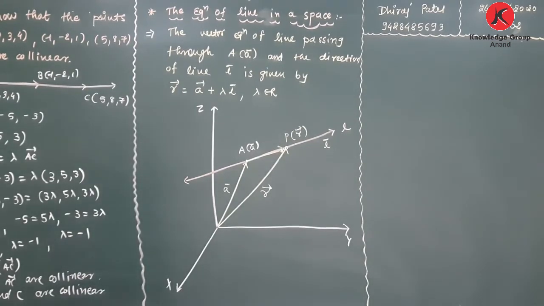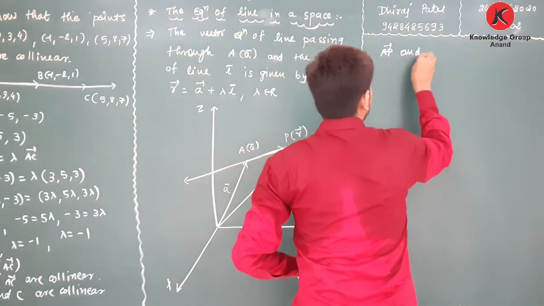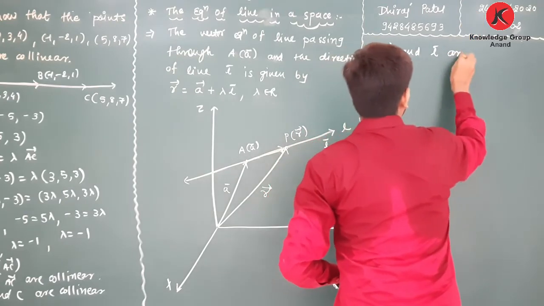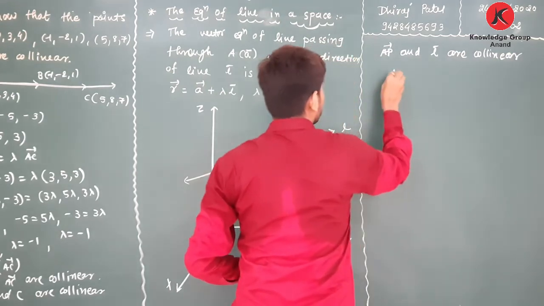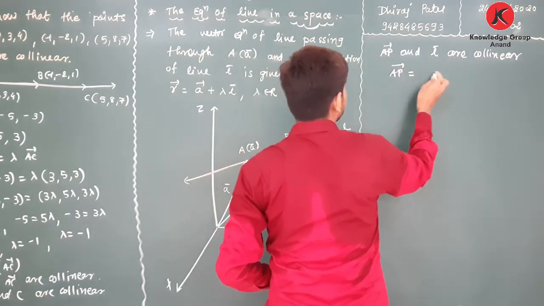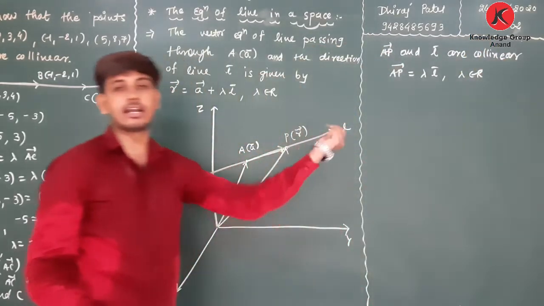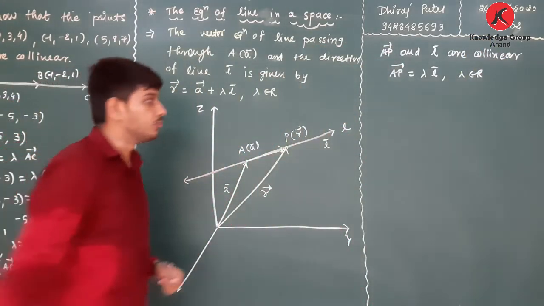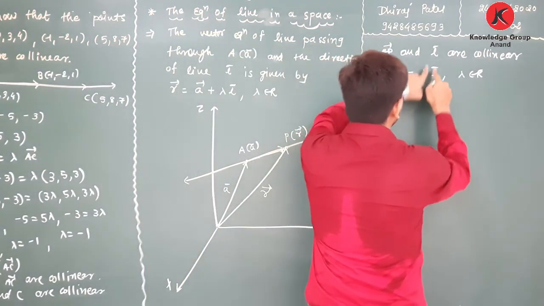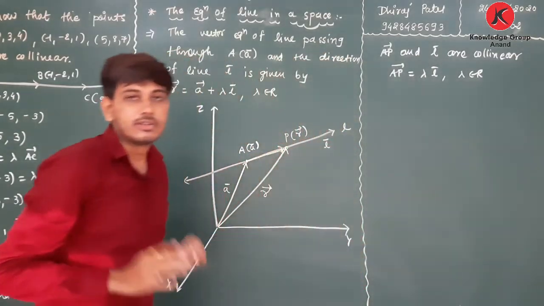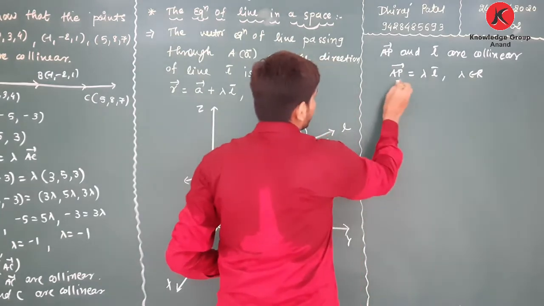Okay. Therefore, we can write AP vector and direction of line L bar are collinear vectors. Therefore, vector AP equals lambda times L bar, where lambda is any scalar, lambda belongs to R. Now, what is vector AP?